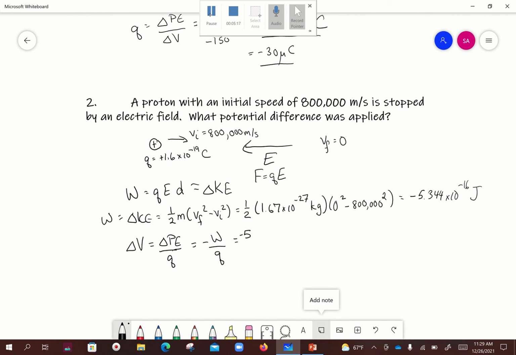I'm going to have two negatives here, so let me do this. The negative of minus 5.344 times 10 to the minus 16. So two negatives gives me a positive over the charge, 1.6 times 10 to the minus 19 coulombs. And I get 3,340 volts. Okay, so with these two problems, we just played around with the definitions of voltage and work and potential energy.